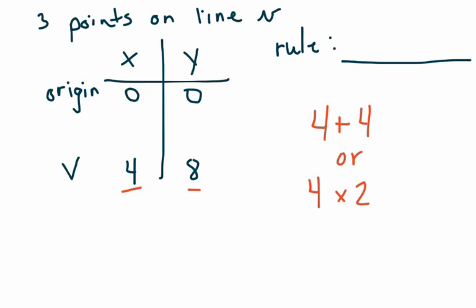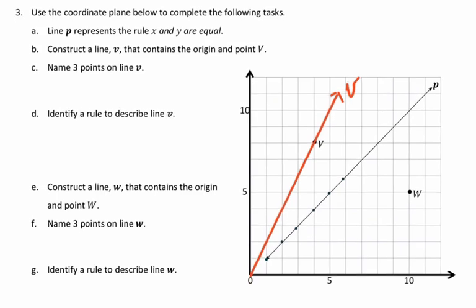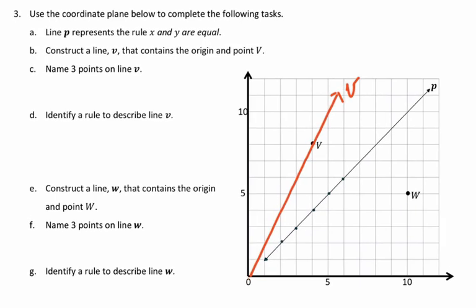So let's use some other numbers for X and see if that would work for us. So if X was 1, and I did 4 plus 4, then Y would be 5. And let's see if that point is on our line. So if I go back here, okay, I'm looking at 1 right here, and 1, 5. That is not on the line, so that cannot be the rule.